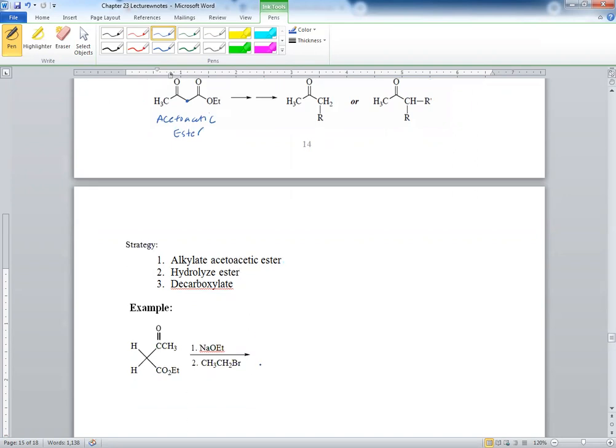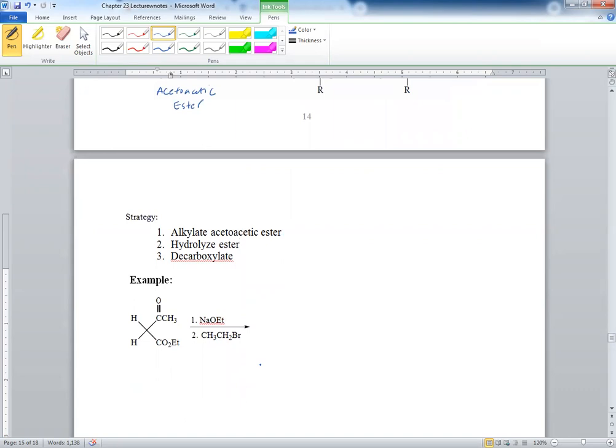So let's look at an example. Here it is. We have an acetoacetic ester right there.